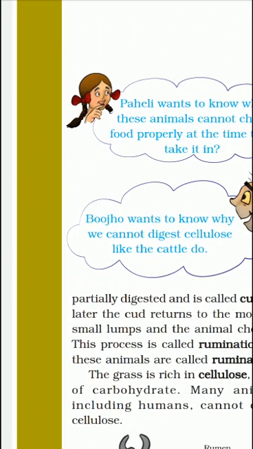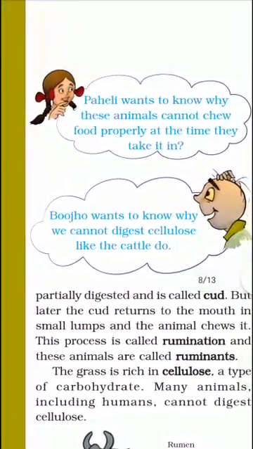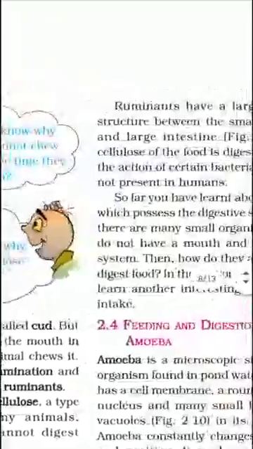Later on, the cud returns to the mouth in small lumps and the animal chews it, and this process is called rumination. That's why these animals are called ruminants. Here the diagram is shown.